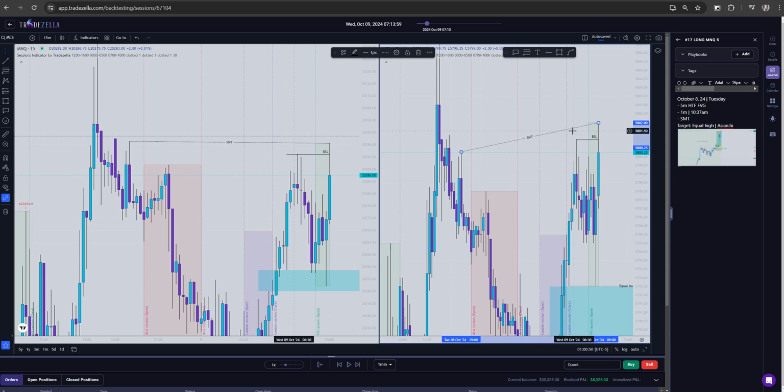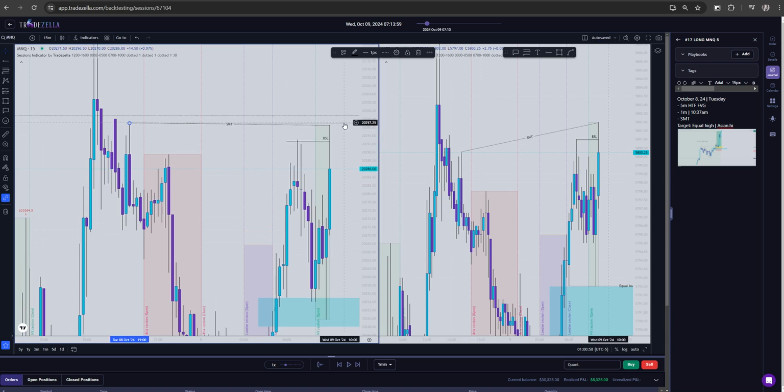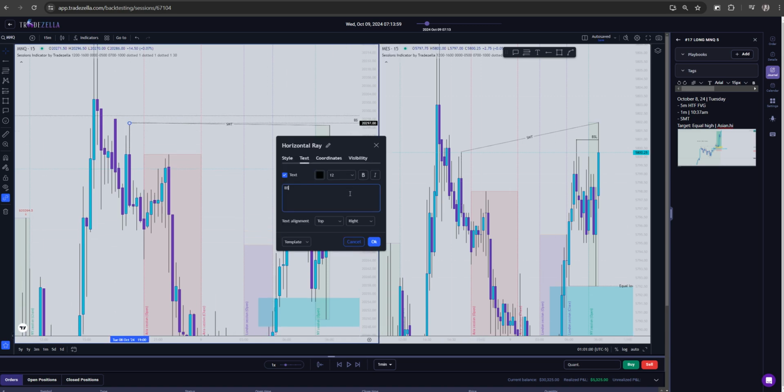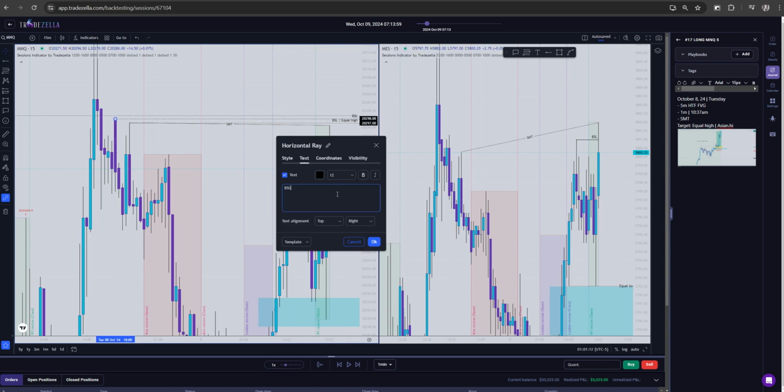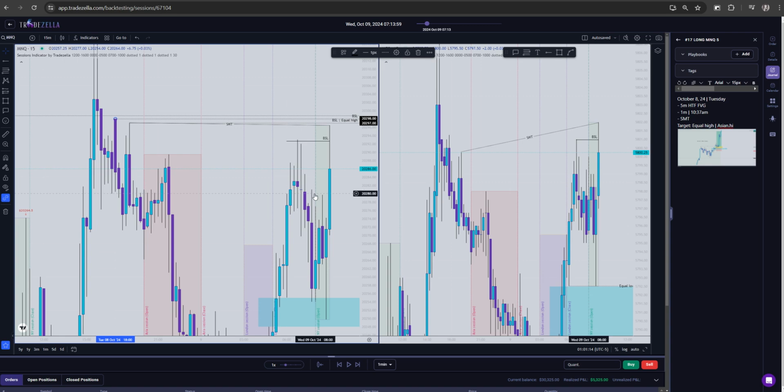So pretty much this tells me that NQ might not tap into this area again for that buy side liquidity, BSL, which is also equal highs now. This one is pretty close to it too, so here's another potential liquidity right here. So we have two equal highs that are pretty close.